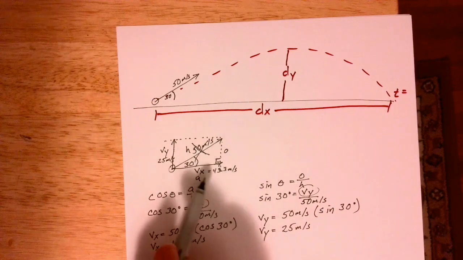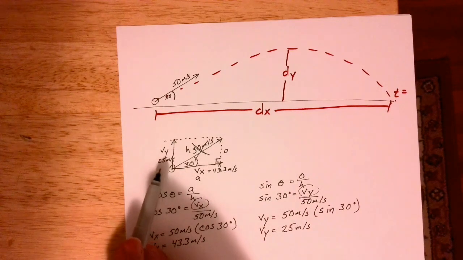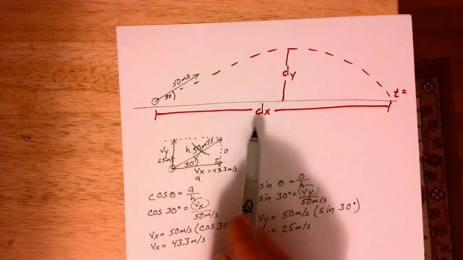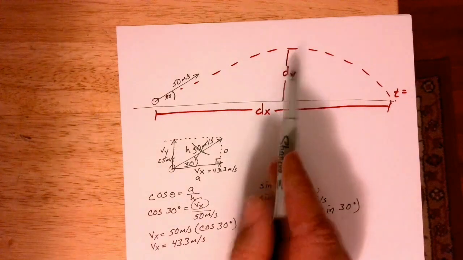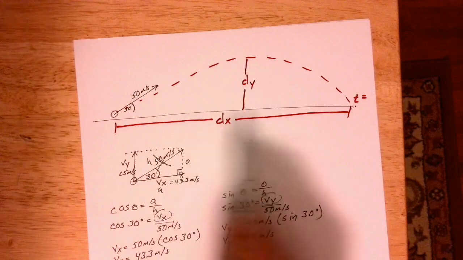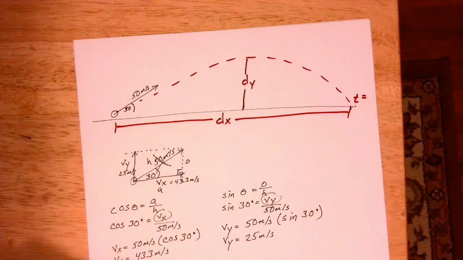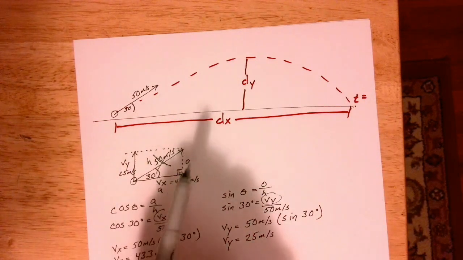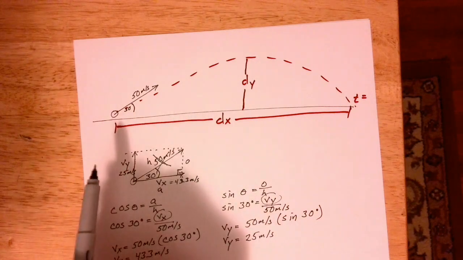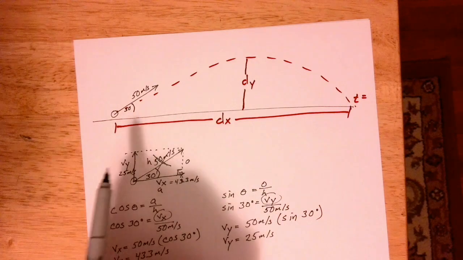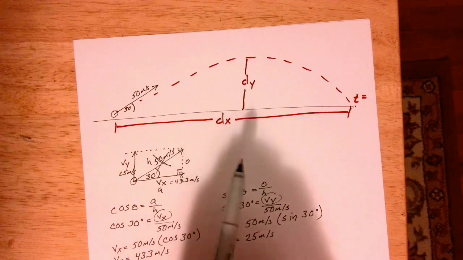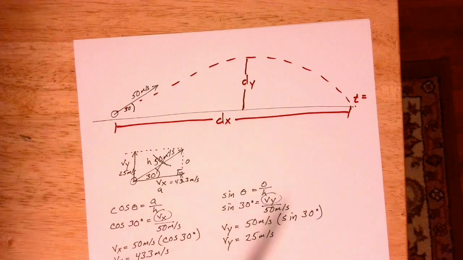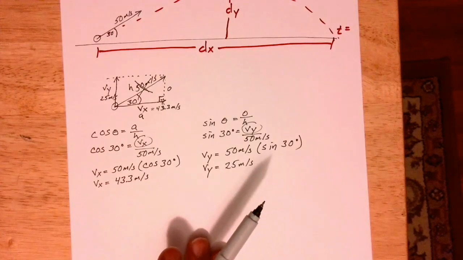We're going to use the velocity in the y and the velocity in the x to solve for our values in the y and the x, and also with our time. So this is going back to the previous problem where the projectile is being thrown off the edge of a cliff horizontally. So now we're going back to what we were doing before.